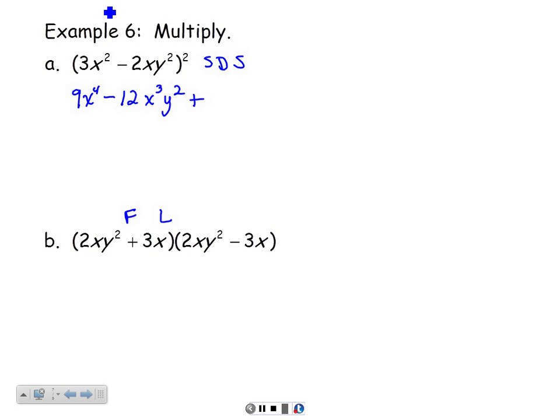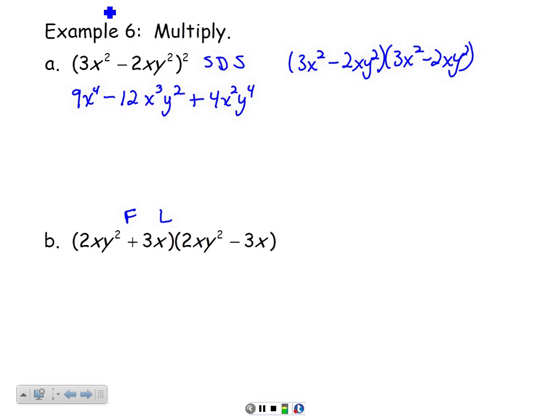Always plus, square the last, and we're going to get 4x squared y to the fourth. Again, if you want to expand it, if it's easier for you to see, then by all means expand it and foil it out.